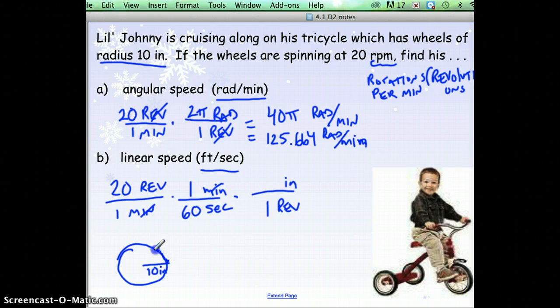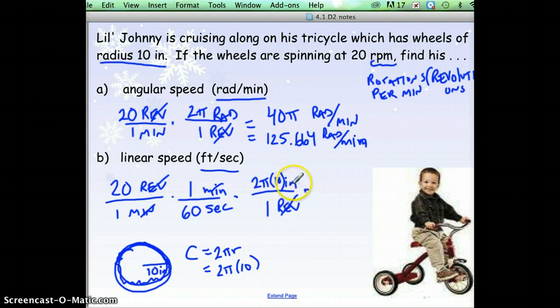One revolution would be this. What's that called when you go around the circle? Circumference. Circumference is 2 pi r. So in this case, the circumference would be 2 pi times 10. That would be how many inches there are in one revolution. 2 pi times 10 inches per revolution. So revolutions are gone.